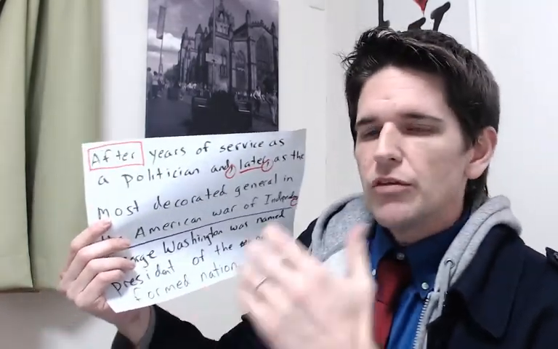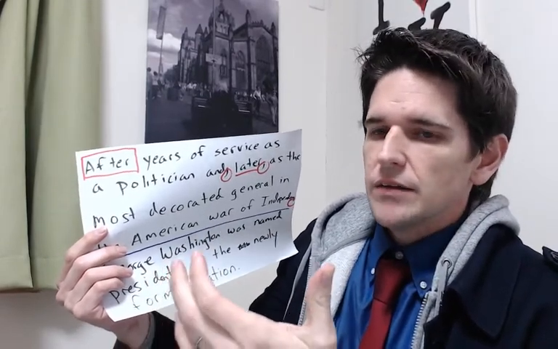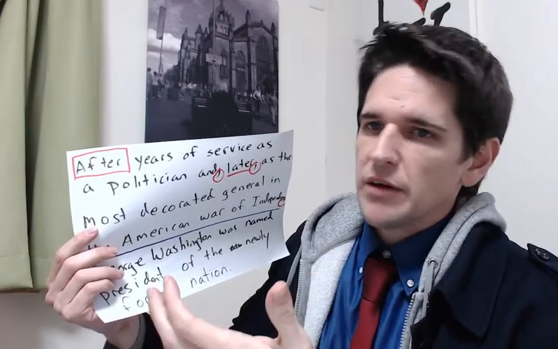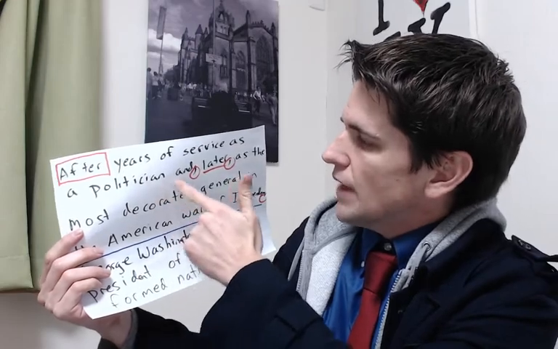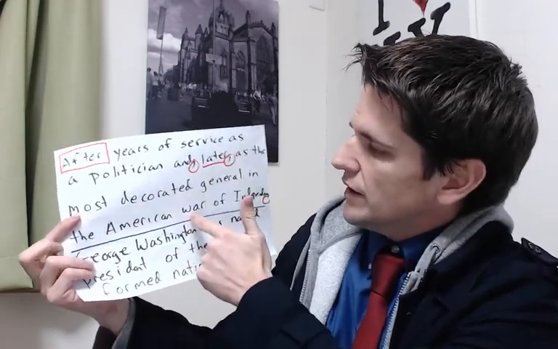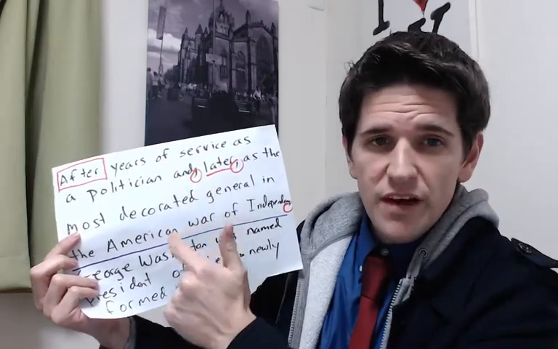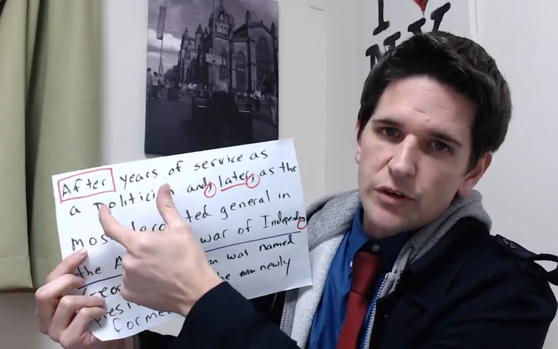When you see that word, after, it means this is going to be adding information. It's extra information. So after years of service as a politician and later as the most decorated general in the American War of Independence, all of this is extra. The big word here was after.